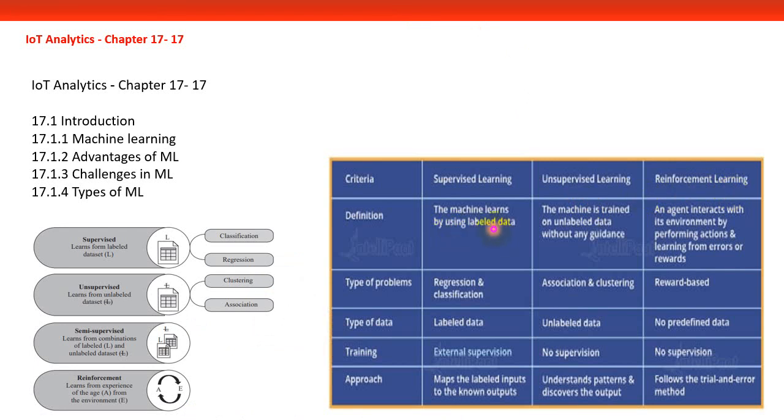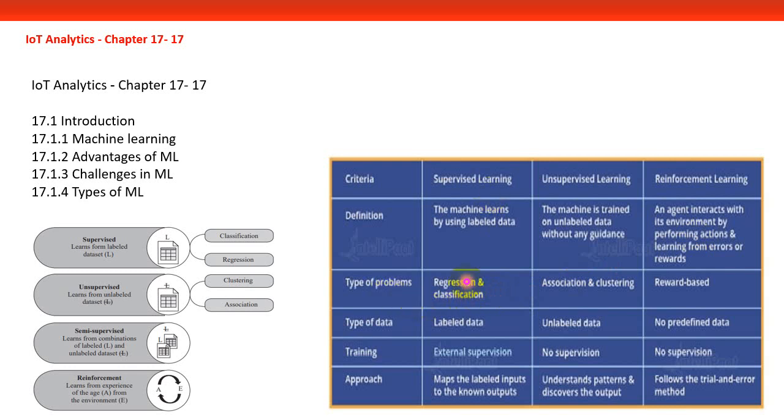Labeled data means previously defined data is there. Here, unlabeled data, no previous experience data is there. In reinforcement learning, nothing is available; instantaneously, by using trial and error, it has to decide. Basically, what kind of technique we have to use for what kind of problem.